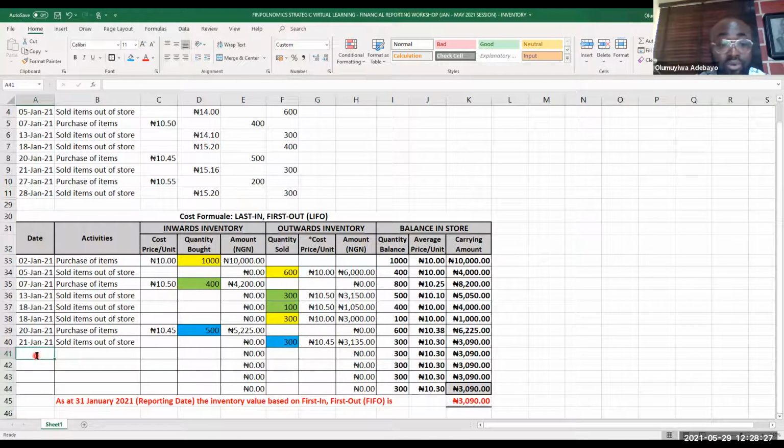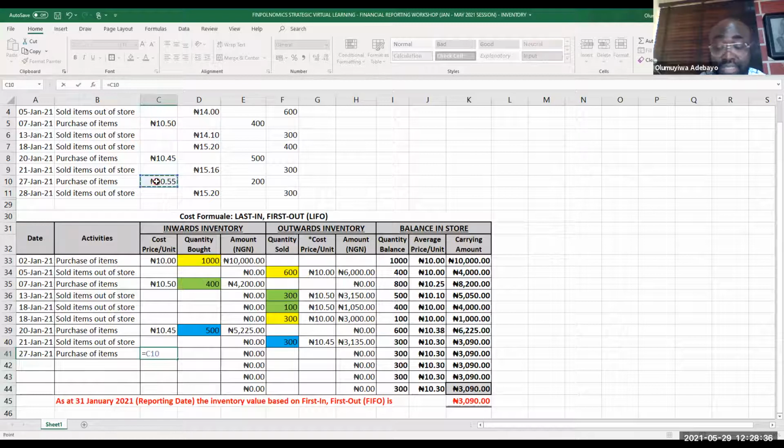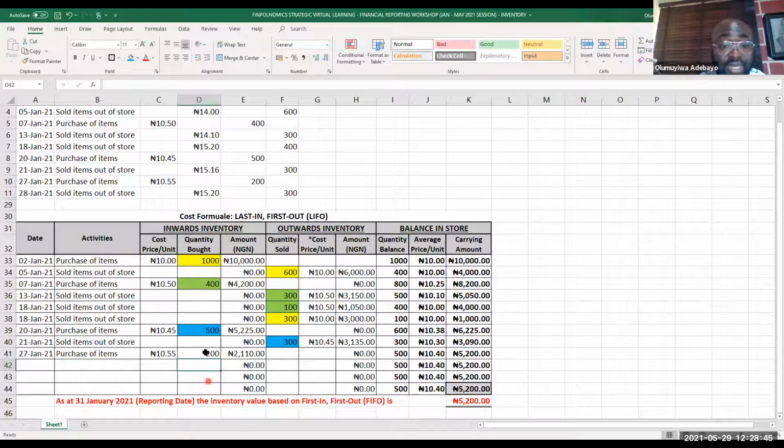Okay, now on the 27th, I purchased additional items at the price of 10.5 kobo. What quantity? 200. And I could call it the batch of orange. On the 28th, I sold 300.